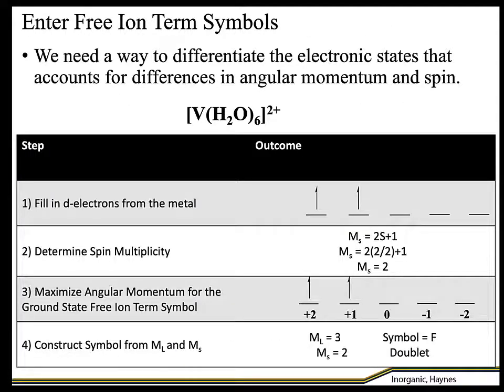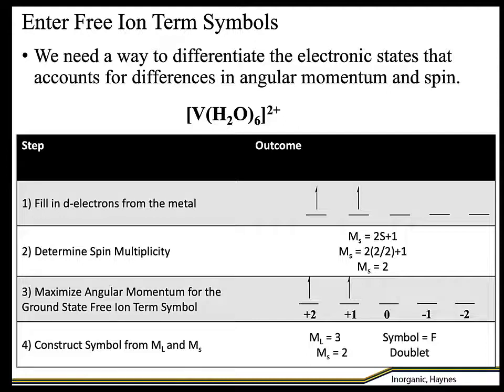Now I'm going to get ahead of the game here and tell you our version of determining these free ion term symbols is kind of the cheater's approach to doing this, right? We're making some approximations to make our life easier. We are only trying to describe the ground state free ion term symbol for a metal. And this is something we're going to get some more practice with as we derive these different states.